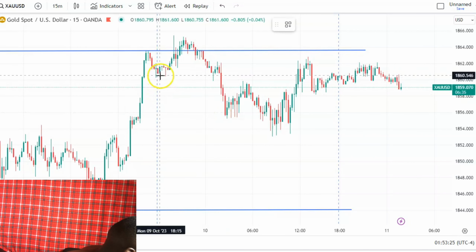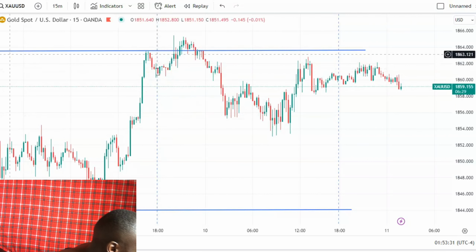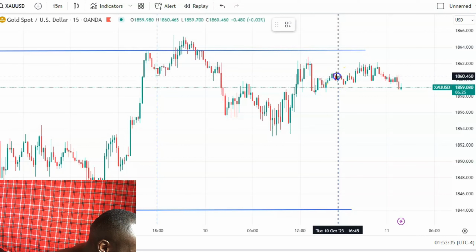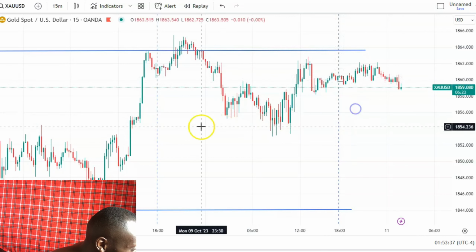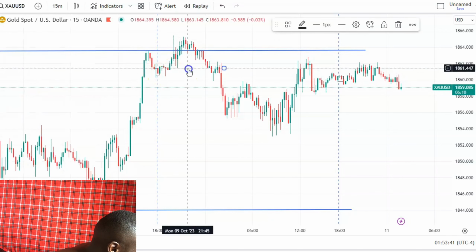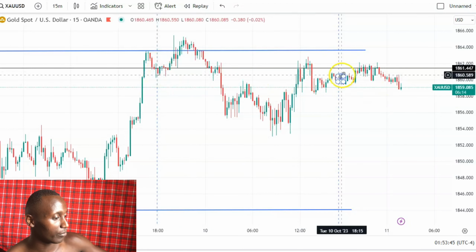But also, I'm interested in where the market opened. The market opened here, and it closed here. So if you draw a horizontal line, you can see price opened higher and closed below.